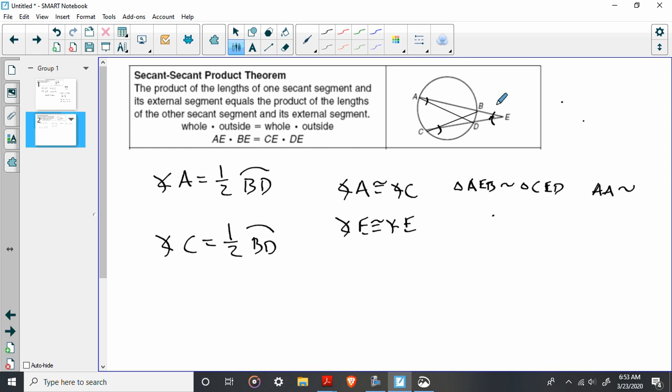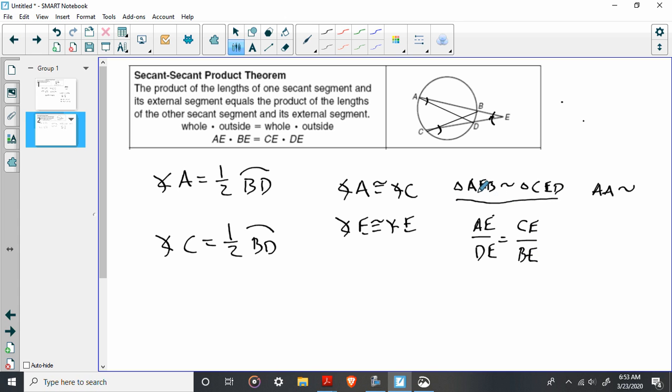We know that AE, this long side, is to DE, the short side, as CE over here is to BE. And again, it's very beneficial to go ahead and write out this full thing in advance.